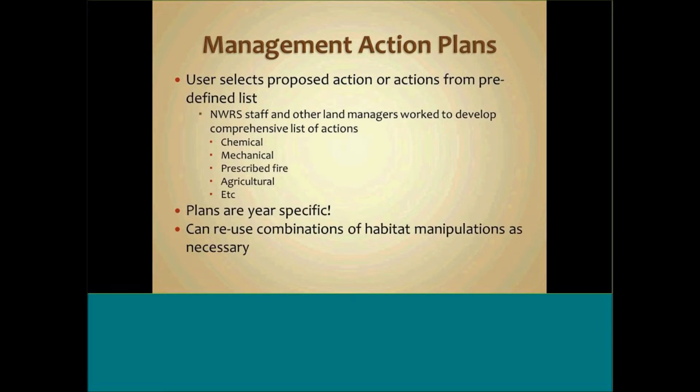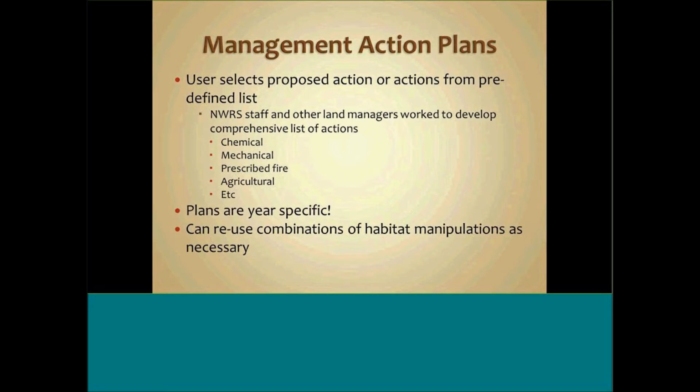So as I alluded to, in these management action plans, you go in and you basically create a plan, give it a name, and then you have to actually select from a list of actions. John was the team lead for the group that came up with our predefined list. End users can't modify that. There is a core set of users that are IWMM staff, John included.